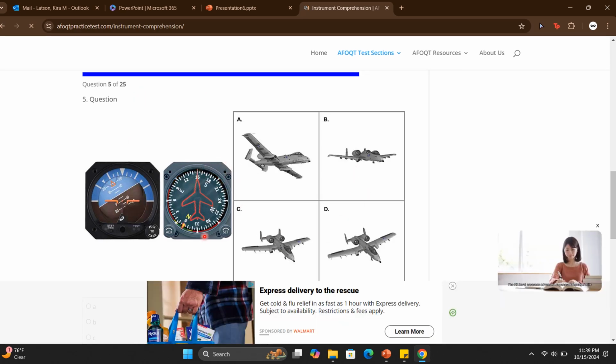For question 5, this is heading southeast, which is in this direction.